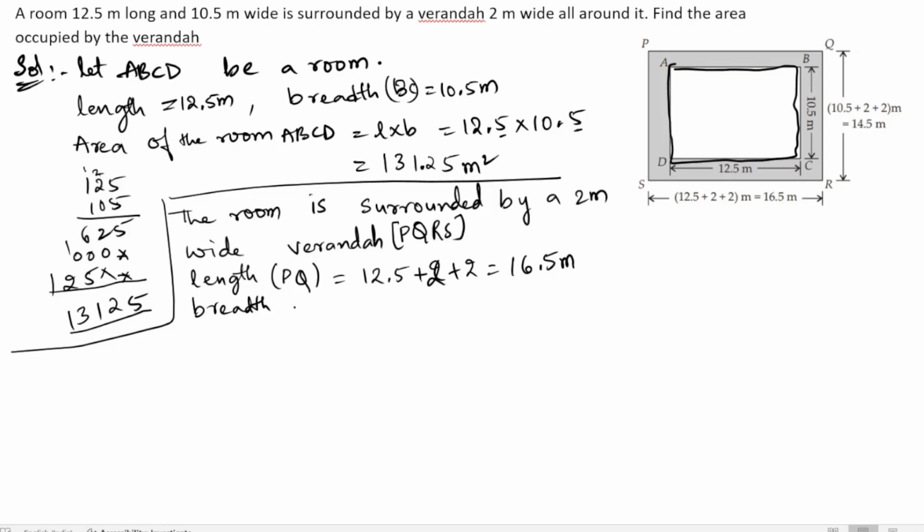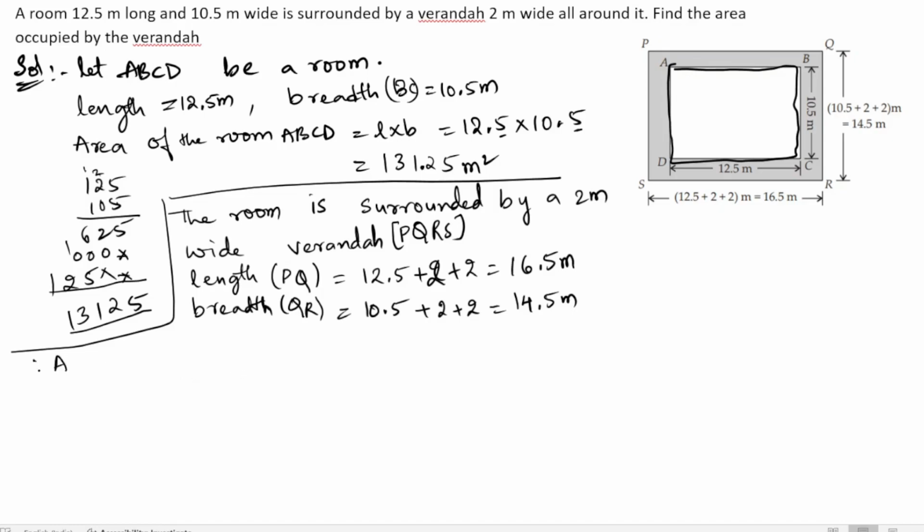Next is the breadth. The breadth is 10.5, and here the breadth is QR. So for QR, we add 4 to 10.5, so we get 14.5 meters. Now we have the length and the breadth.